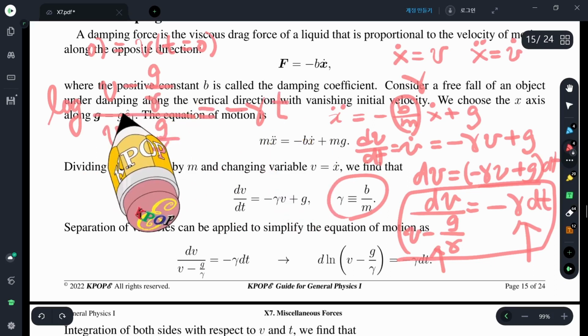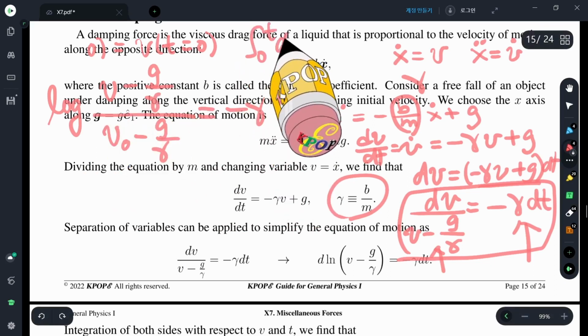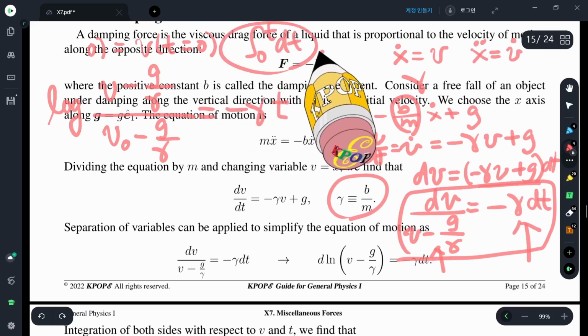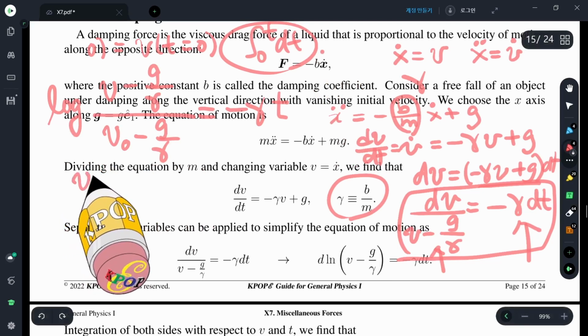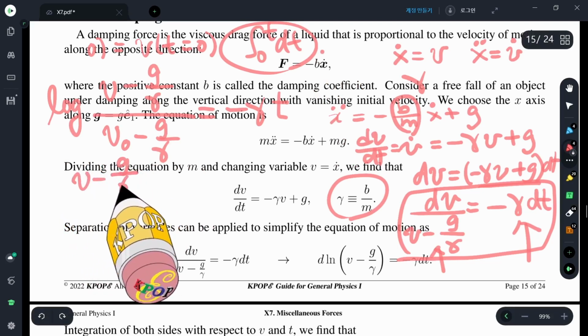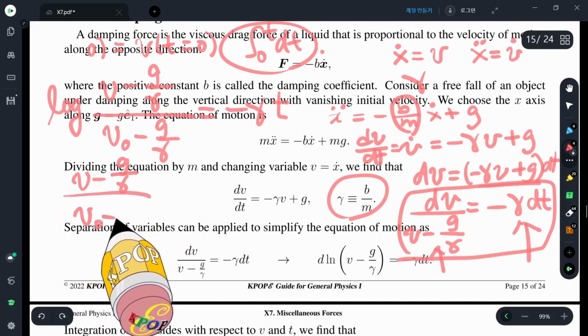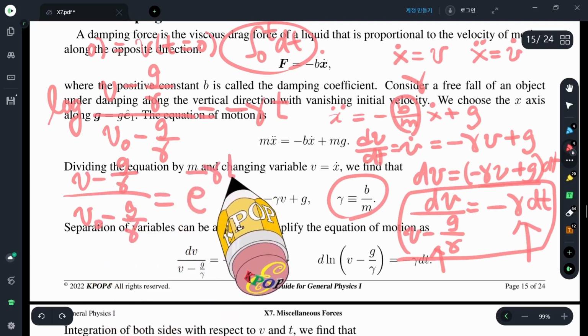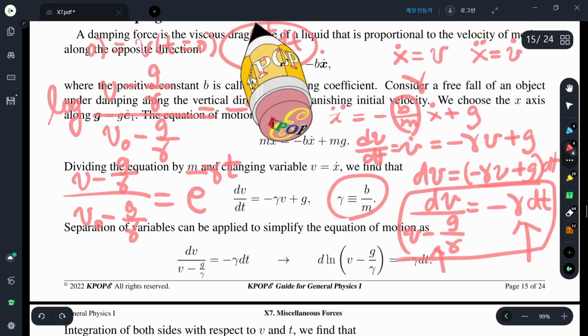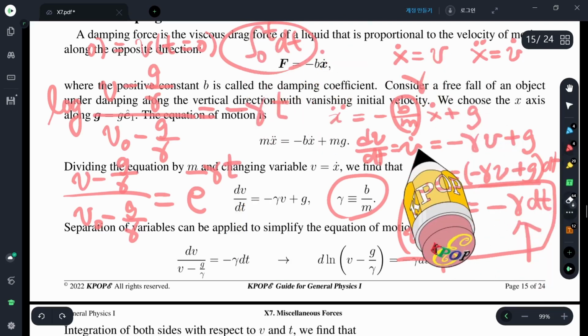We have integrated from 0 to t. Alright? Taking the exponential, v minus g over gamma over v0 minus g over gamma equals exponential of minus gamma t. Alright, we are almost there.